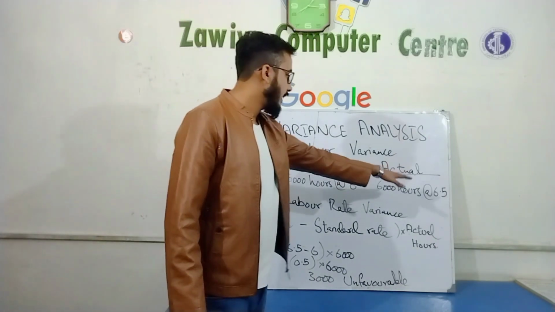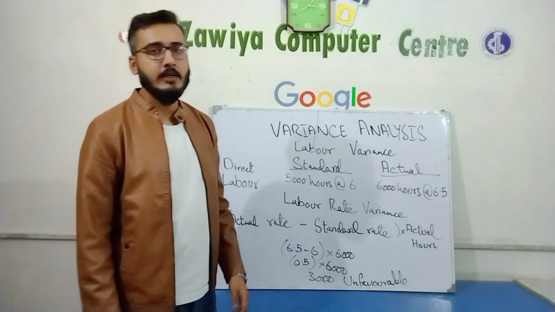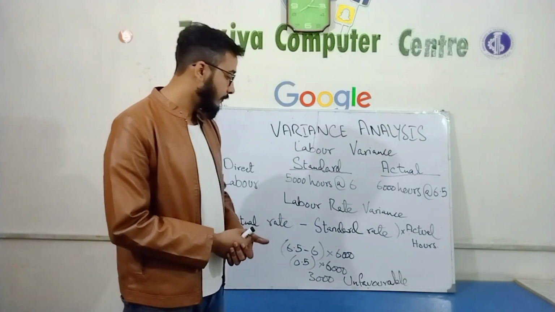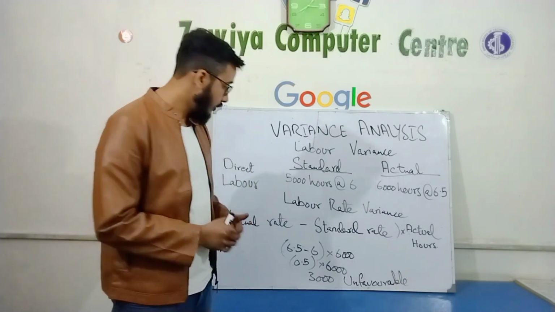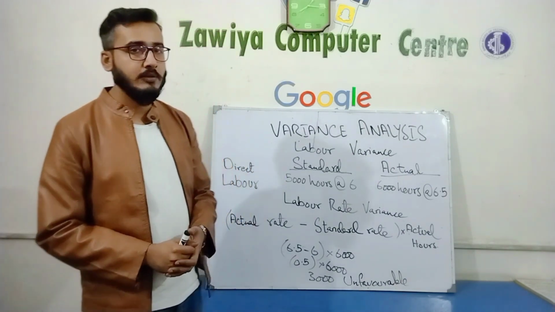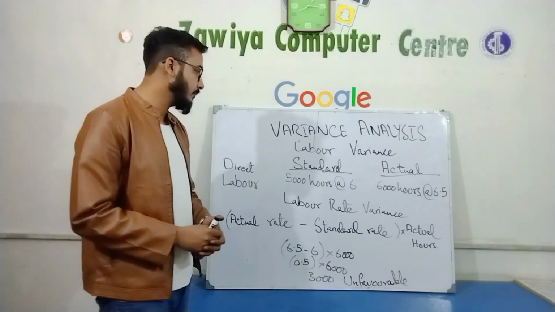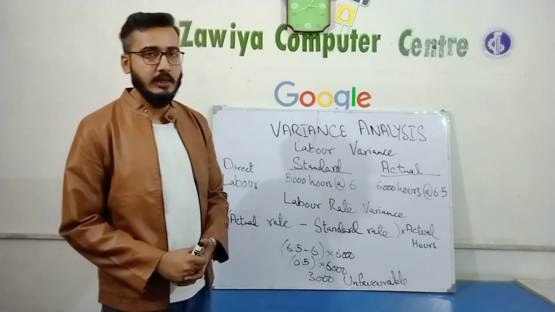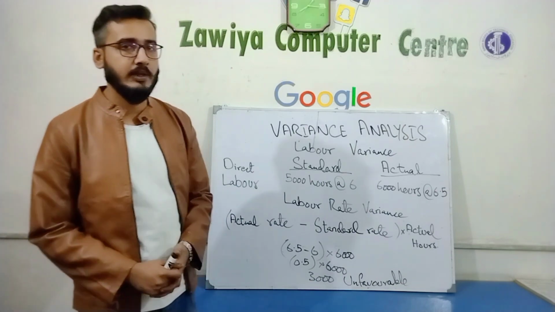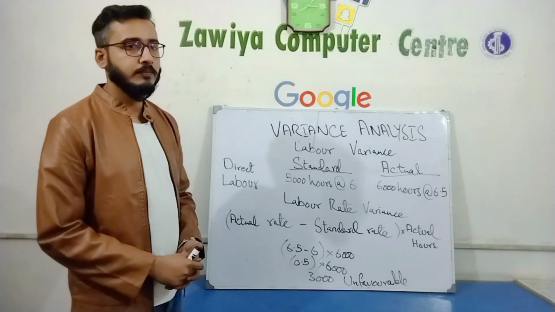So we have actual rate of 6.5 minus standard rate of 6, multiplied by actual hours, which are 6,000. So we have the answer of 3,000, and it is unfavorable because the actual rate of the labor is higher than the standard rate. So it is unfavorable in the company's view.